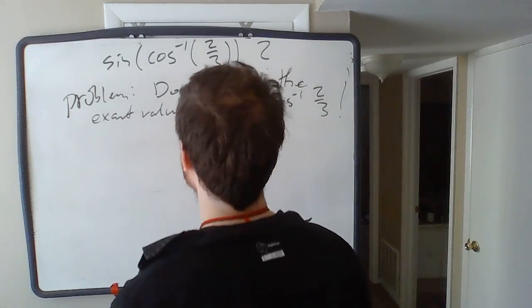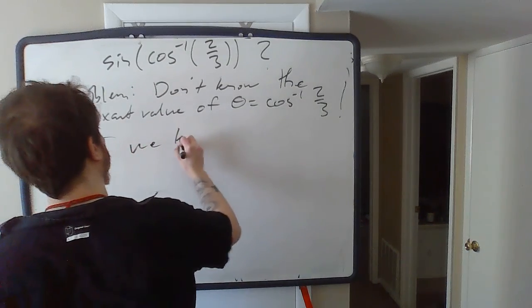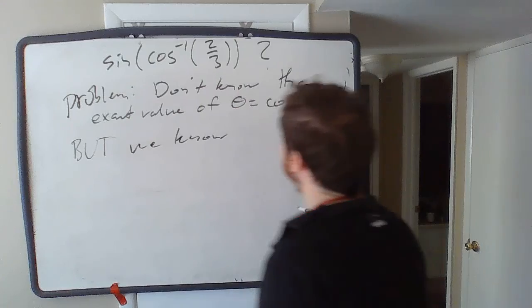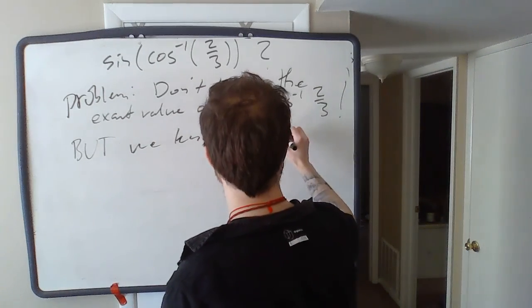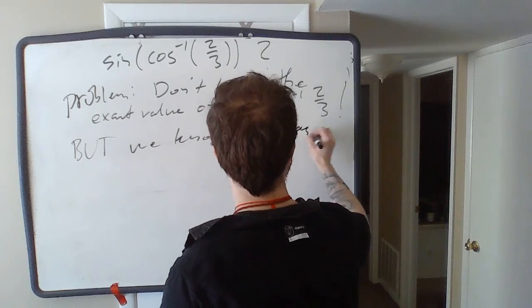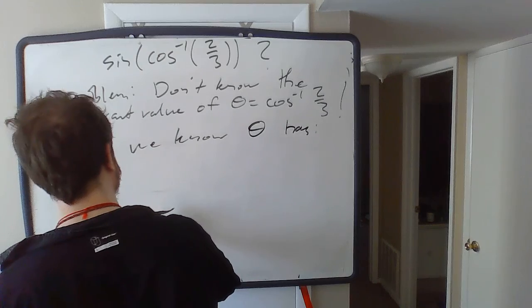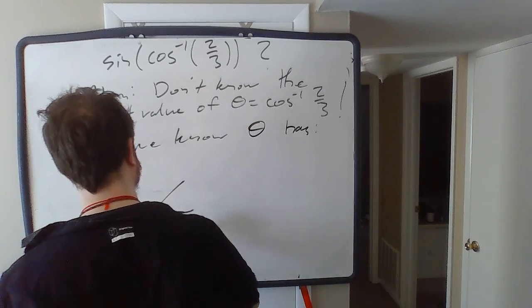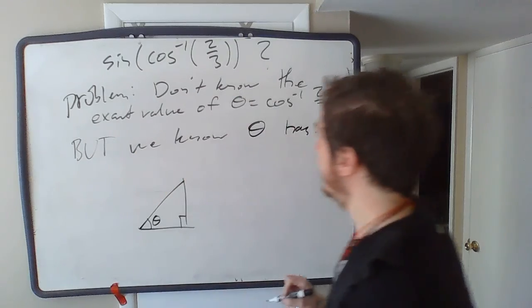So what we can do is we can say, we know that whatever this theta is, we can think of that angle theta as being in a right triangle. So I'm going to draw a right triangle with an angle theta here.